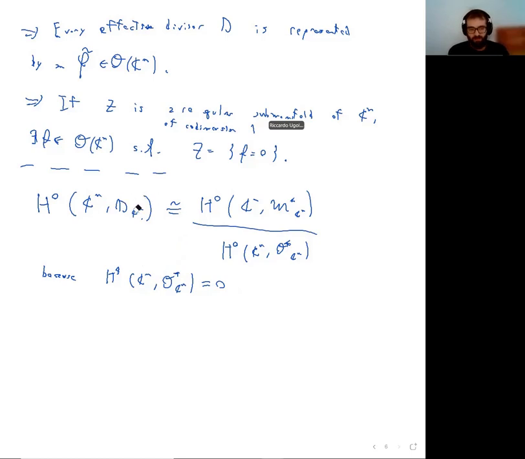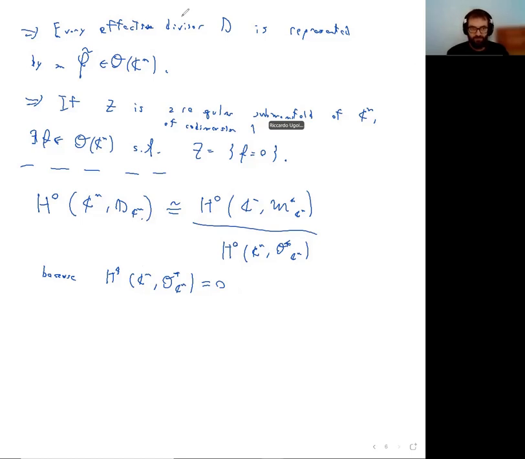So if you look at the long exact sequence associated with the short exact sequence defining the sheaf of divisors, what you get is zero, this object, this object, this object, then zero again. Therefore, you have this isomorphism.